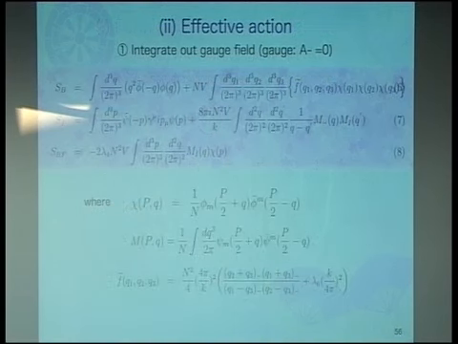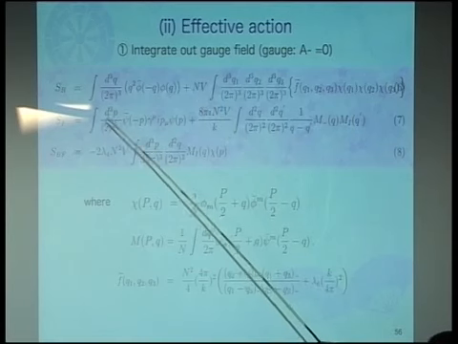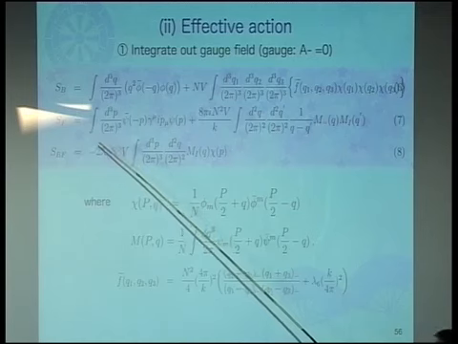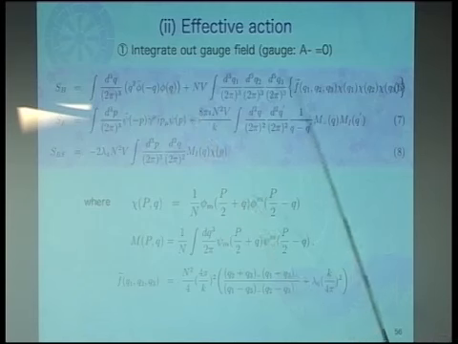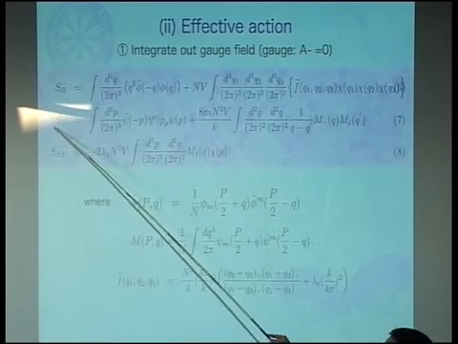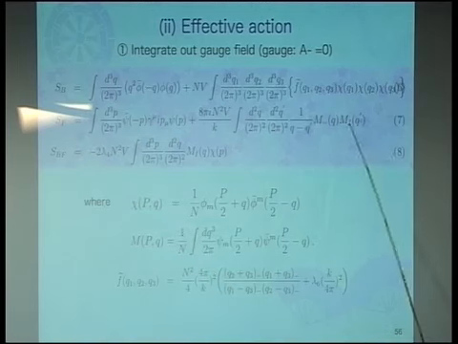Okay, now let me explain the effective action. The procedure is essentially the same as the purely fermionic case. First, I write down the action dividing it into three parts. S_B includes only bosonic terms like this. S_F includes only fermionic terms like this.